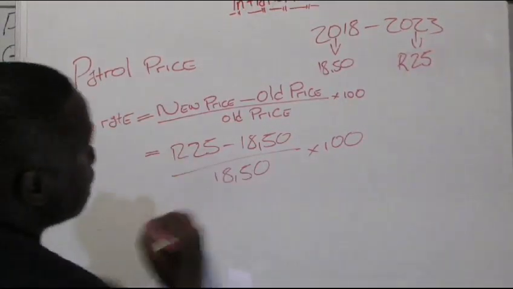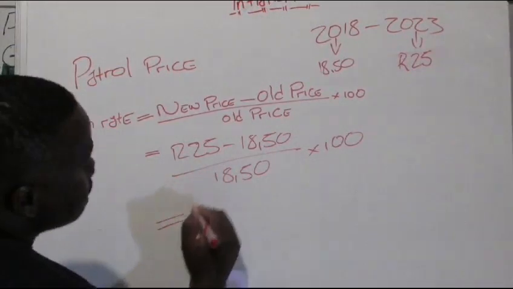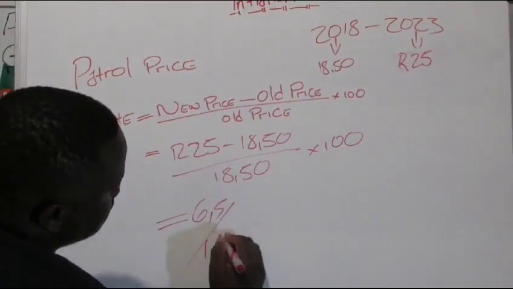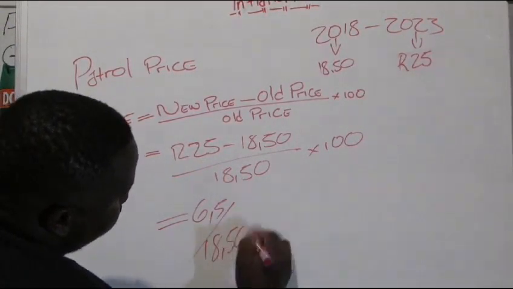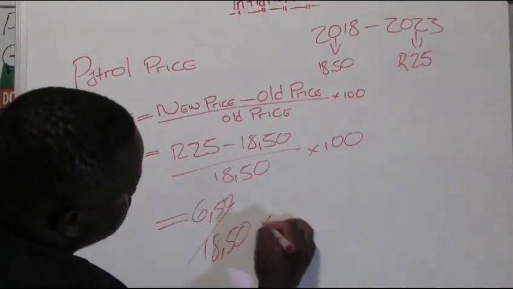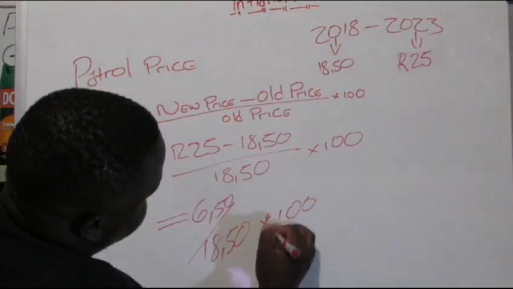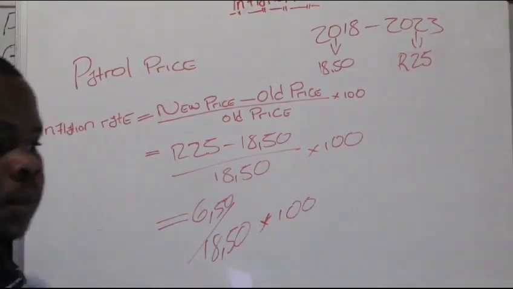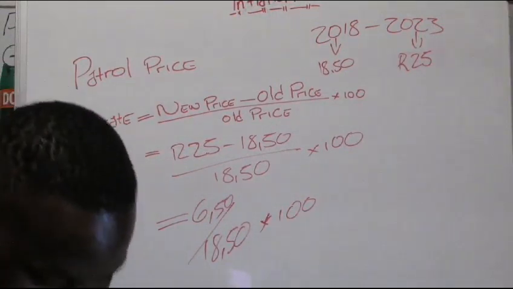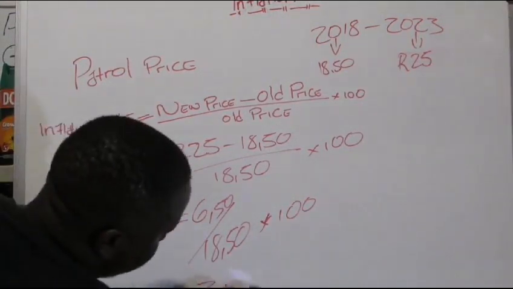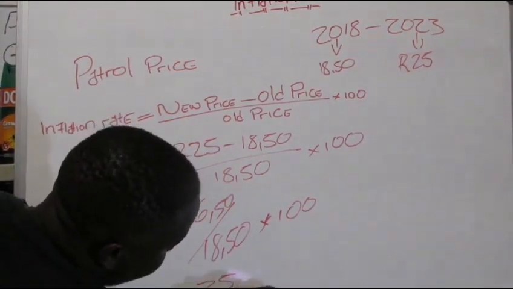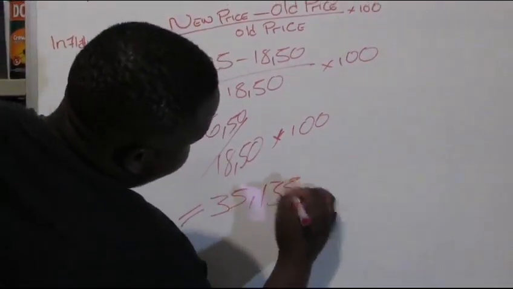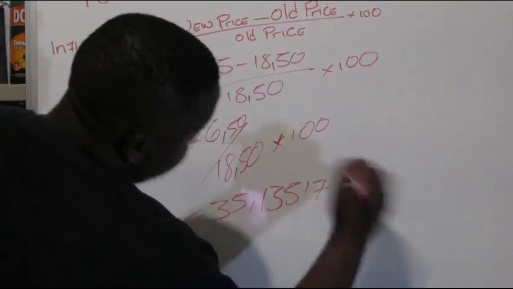Then our answer is like 6.50 over 18.5, which is also times 100, and that will provide us with right about 35%, 35.13517 something.